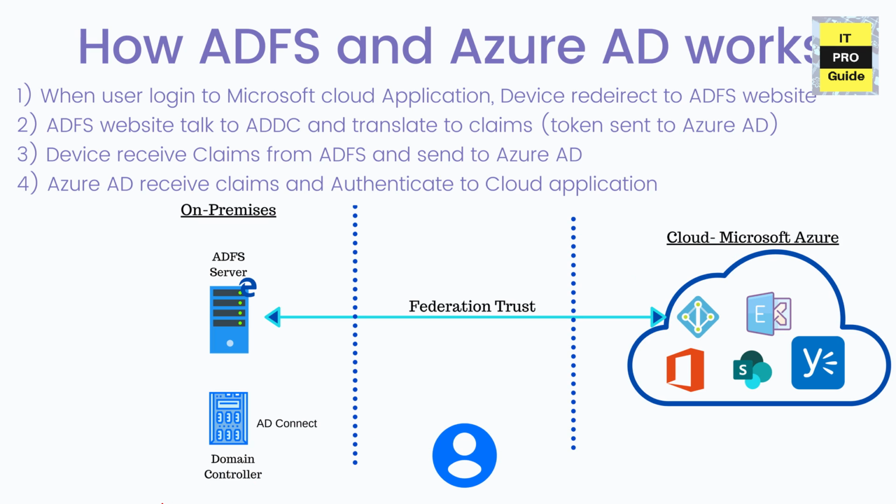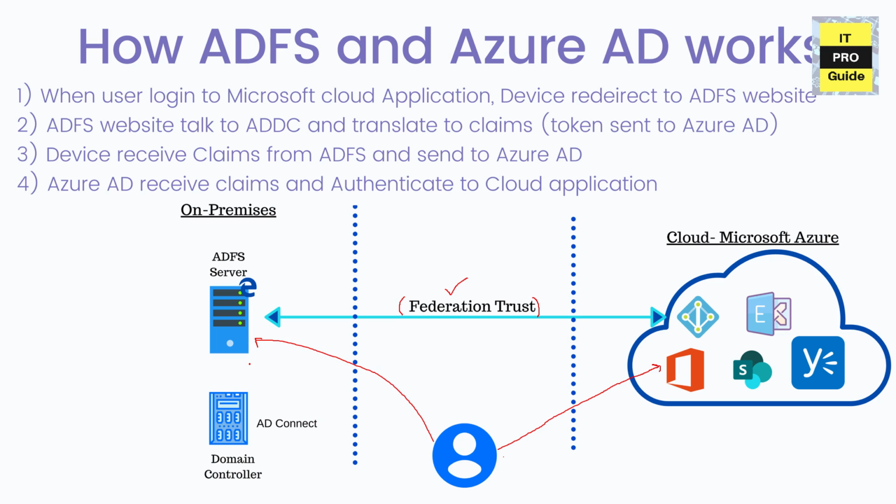Once you have this federation set up with on-premises Active Directory and Microsoft Azure AD for your Office 365 applications, then when your user tries to log into an Office 365 application, the device is going to redirect you to ADFS for authentication.